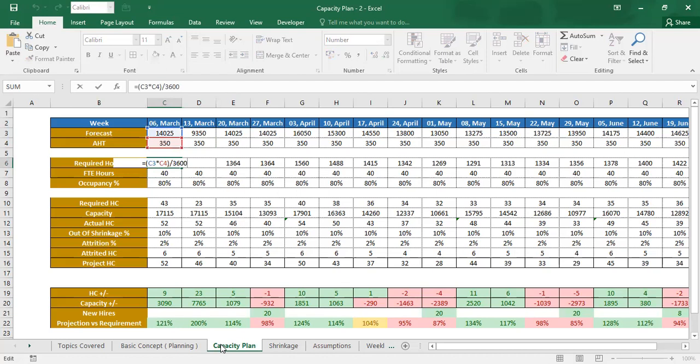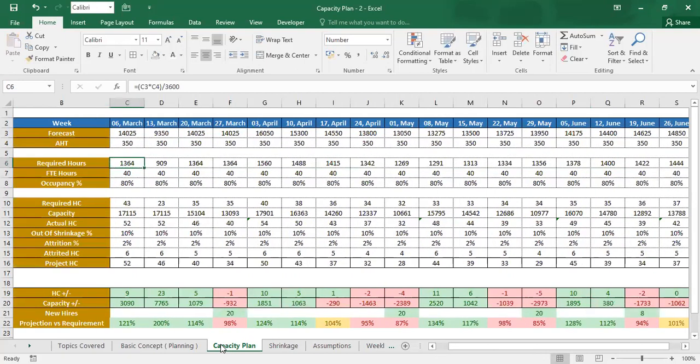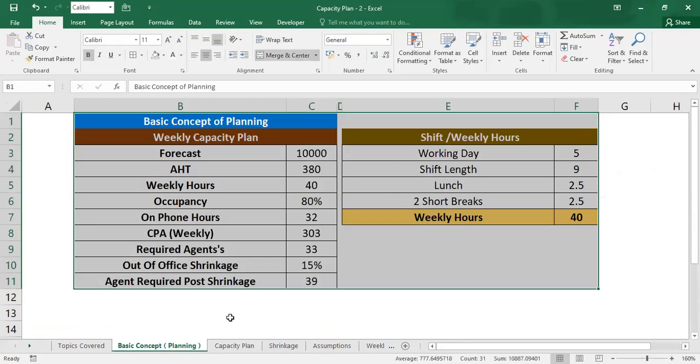So how I have calculated the required hours? I have multiplied the forecast into AHT and I have divided it by 3600. So this is how I got my numbers. And simply, as I have told you here, the weekly hours that we have is 40 hours.